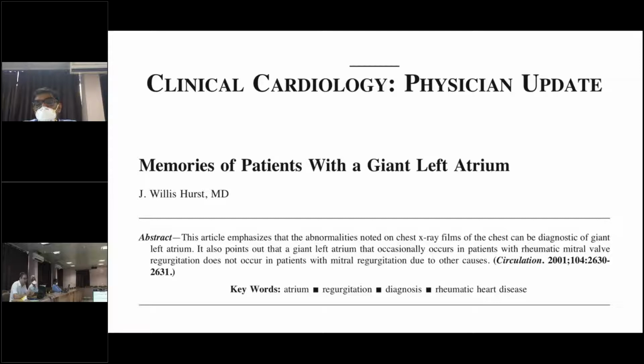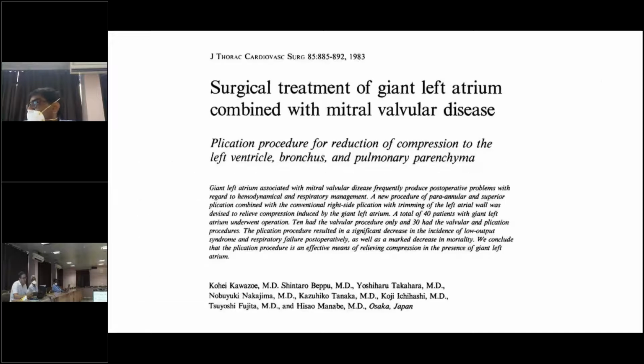So if the radius increases, the tension increases, the wall thickness goes down, tension increases further, and this causes a further increase in the size of the left atrium. So this is mostly about pathophysiology, which is not well known.